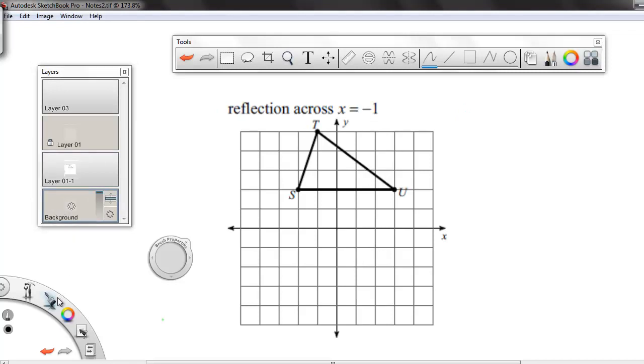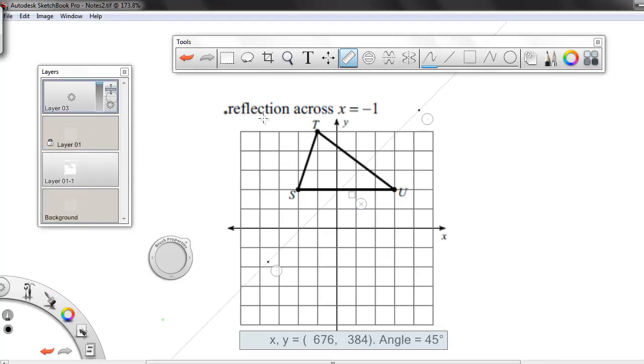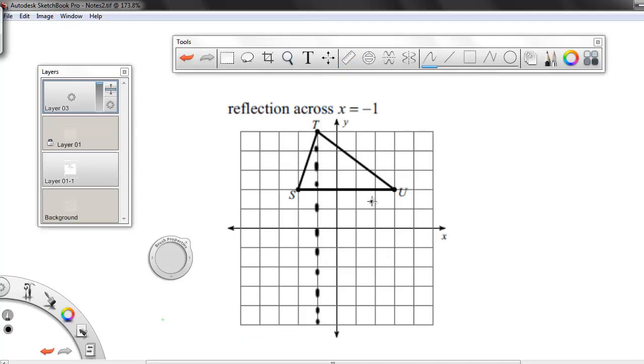Okay, let's draw our axis of reflection first. It's X equals -1. So the best way to do this is locate X equals -1, and then just on your scratch paper, draw an imaginary line. It's really, really light. Now with the reflection, it's always reflected across at a 90-degree angle with your axis of reflection.